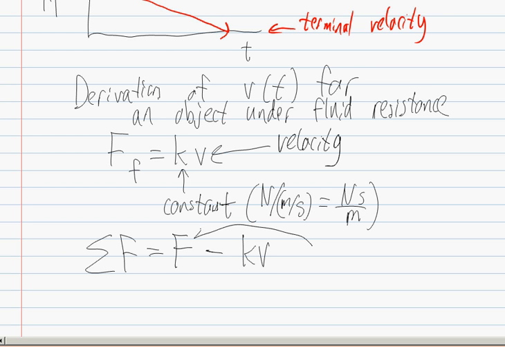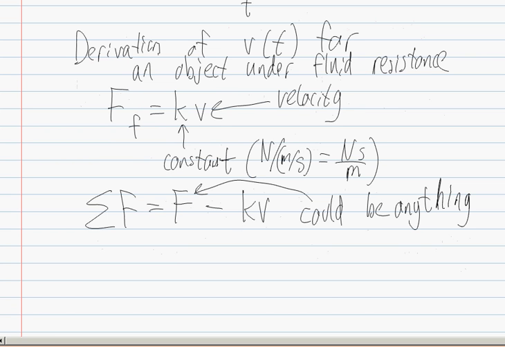Now this force could be anything. In the case of the rock, and that's a little game they like to play on the AP test. They like to say, oh, well, you know, it's sliding down a hill, so now this force is mg sine theta. Or maybe there's some other thing, like a spring or something, kx. I mean, it's a game they like to play.